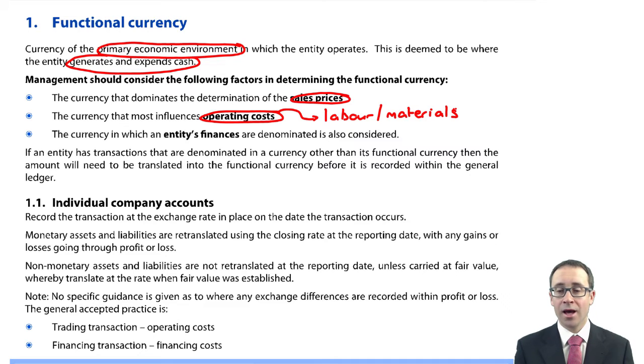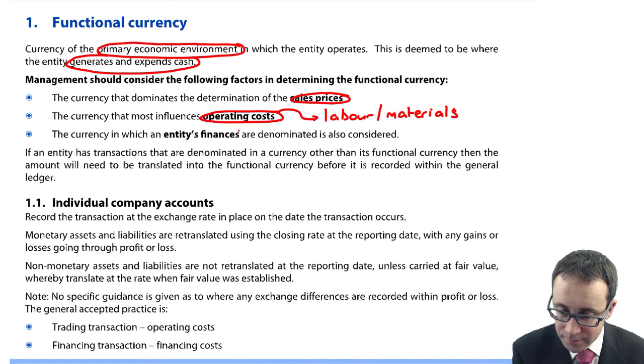So even though you operate in a developing nation within Africa, the primary economic environment in which you operate could be determined by dollar transactions, i.e. dollar sales and dollar material expenses. Yes, you have some labour costs in the local currency, but that might be a smaller, insignificant cost compared to the others. There are no hard and fast rules, but you're looking at the majority of the sales and the majority of your costs. What are they driven by?